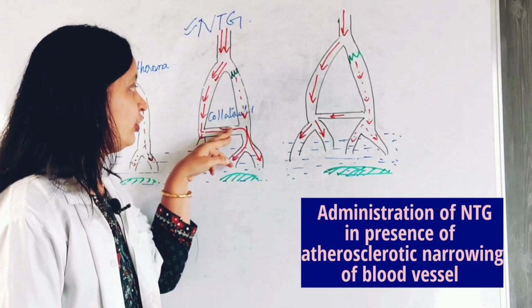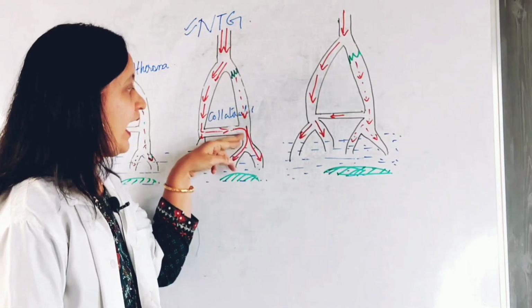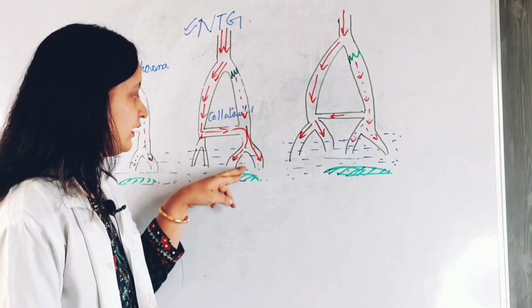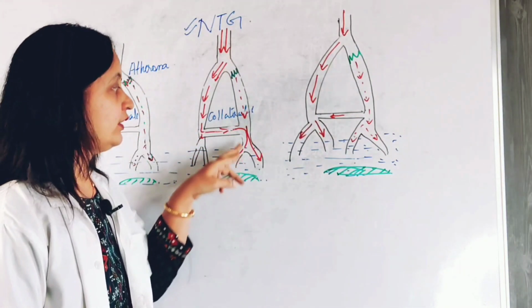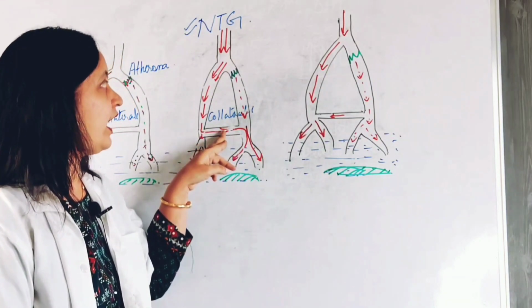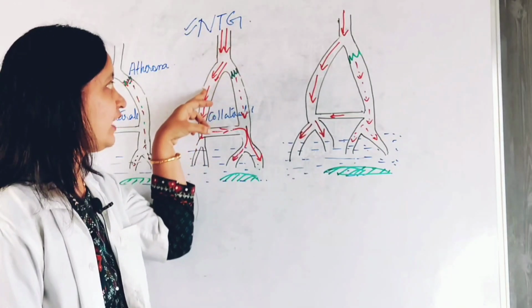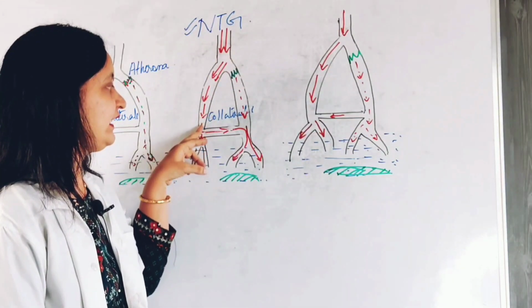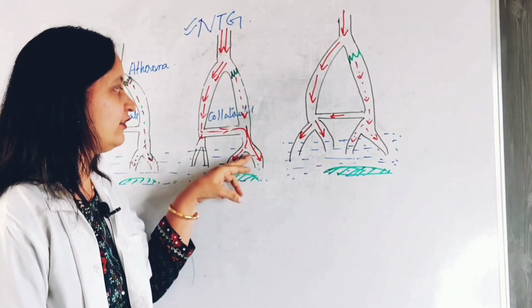So increased blood flow through the collaterals happens, and the blood flow reaches the ischemic region. So in the ischemic region, the blood vessels are dilated, the collaterals open up, and the dilatation of the arteries ensures and facilitates the blood flow to the ischemic region.